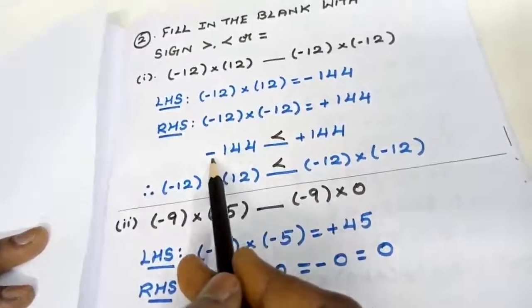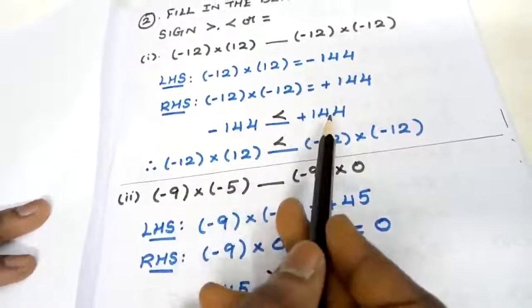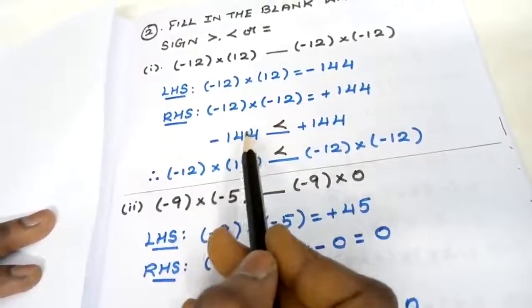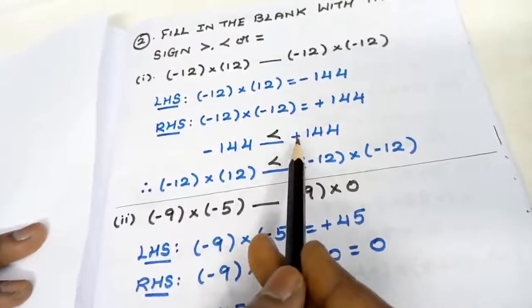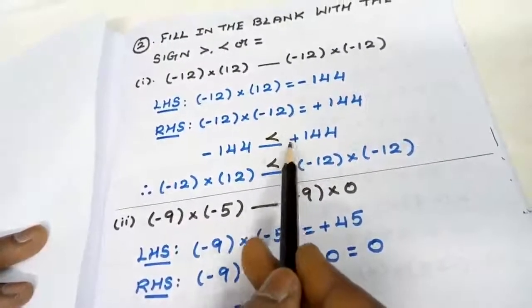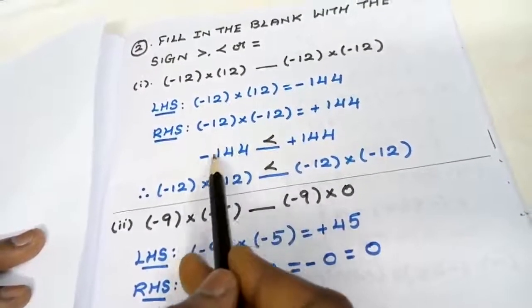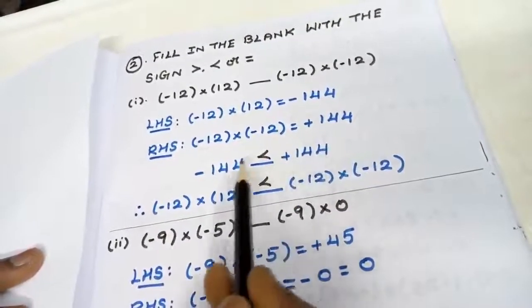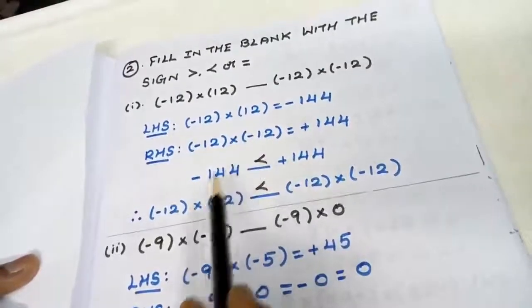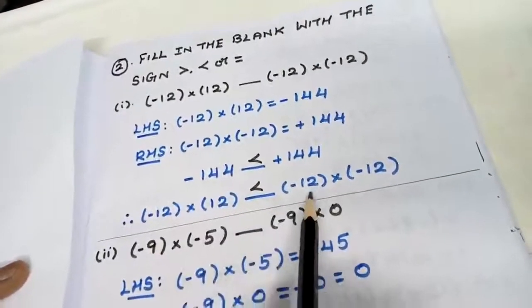So minus 144 is different from plus 144. Whenever you compare positive and negative, the positive value is greater. So I can tell that minus 144 is less than plus 144. In place of the dash, I am going to write the sign here, students.